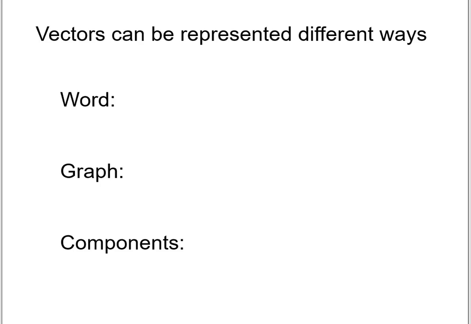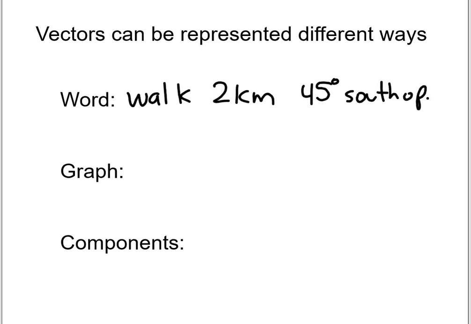So you realize that we can represent vectors different ways. So for example, in words, you can say, I can walk 2 kilometers, 45 degrees south of east. What does that mean?